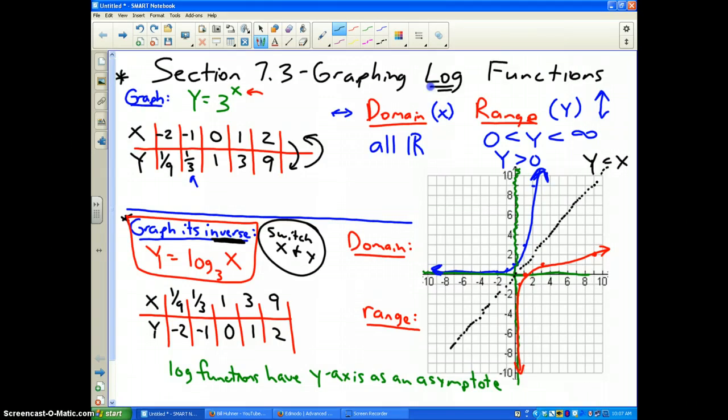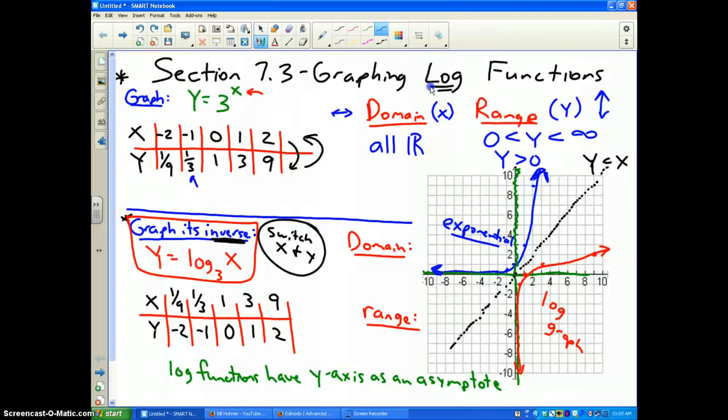All inverses are reflections across that line. And if you notice, my blue graph reflects to the red graph across that line. So the blue is the exponential graph. The red is the log graph. And that's what a log function looks like.